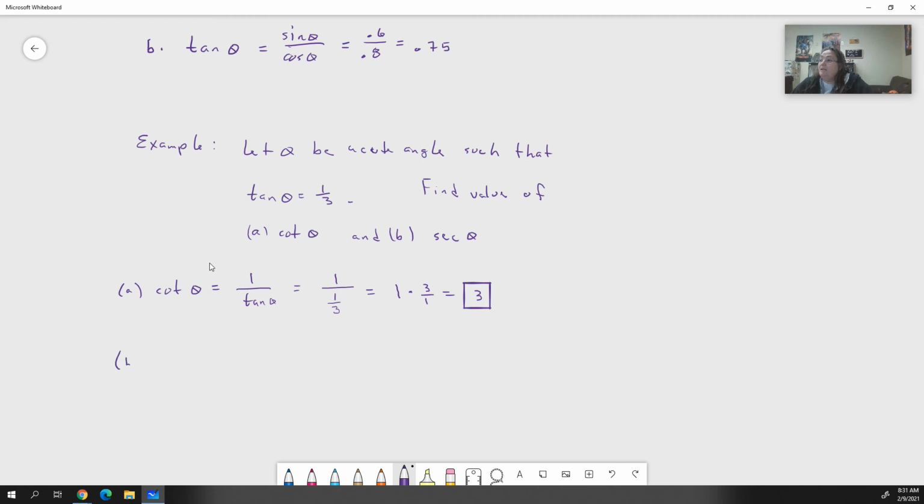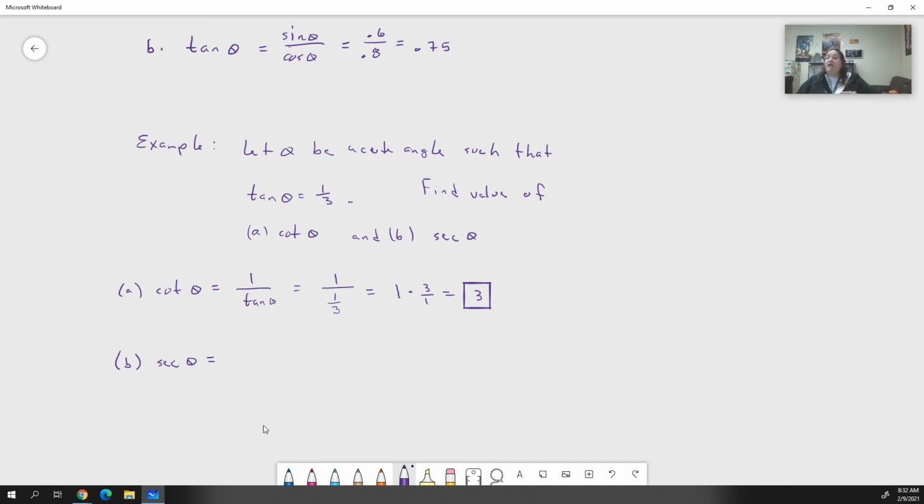For part B, we are asking for secant of theta. What do I know? I know the tangent and I know the cotangent. So I am going to go back up and see what I can do with that. I'm looking for secant, and so I need something with secant and either tangent or cotangent.